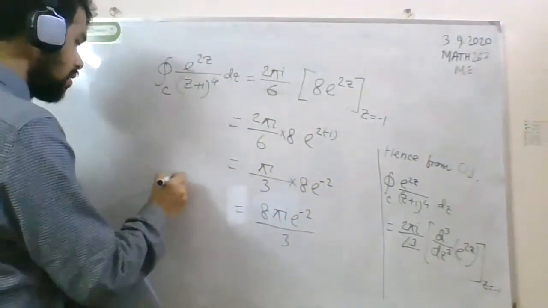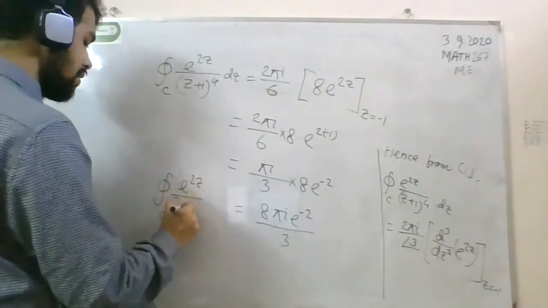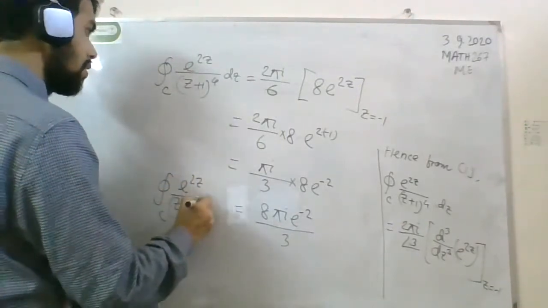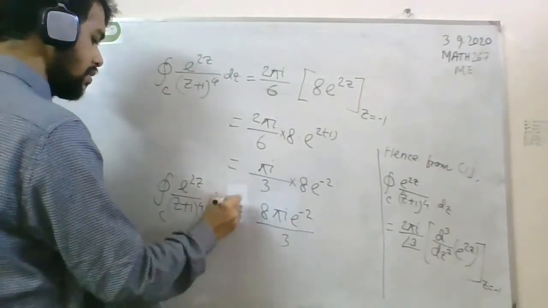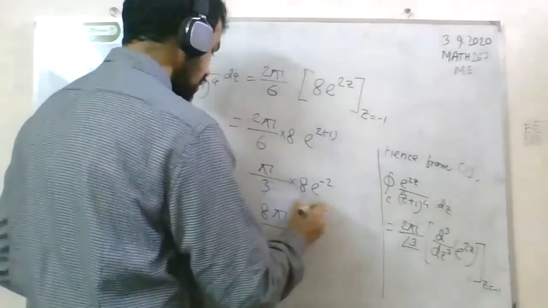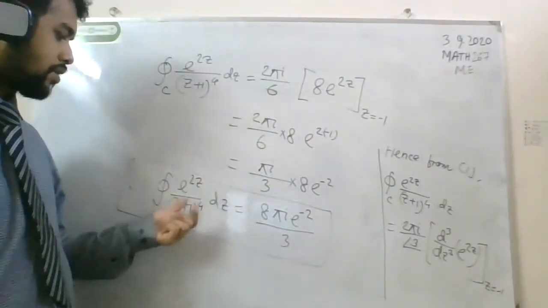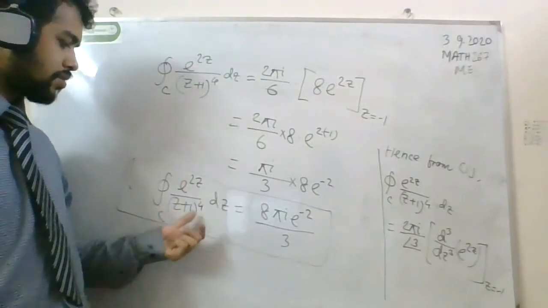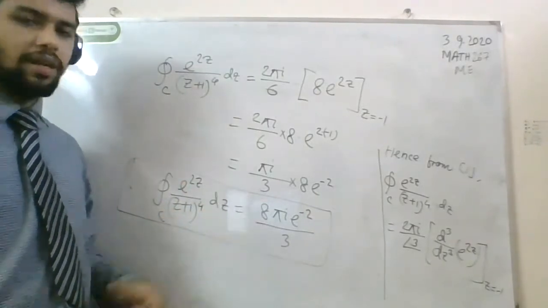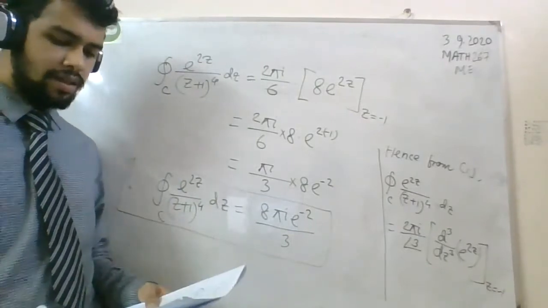So this is our result, which is also the given problem will show that the closed integration of e to the power 2z divided by (z plus 1) to the power 4 dz equals 8 pi i e to the power minus 2 divided by 3.